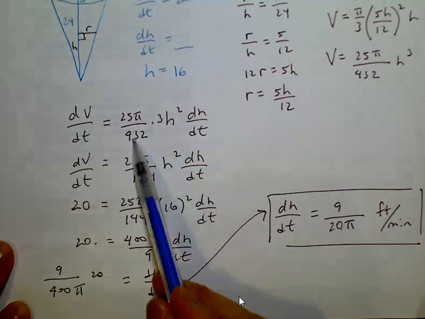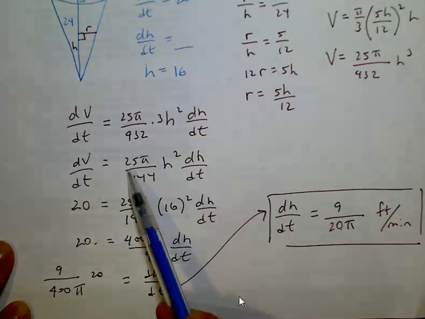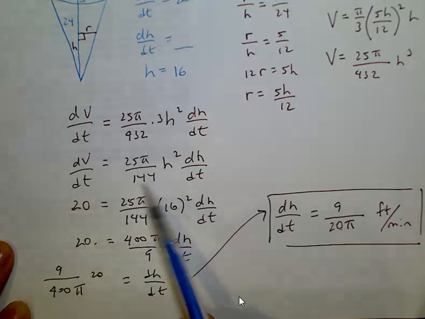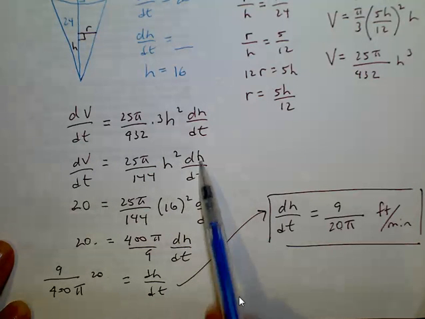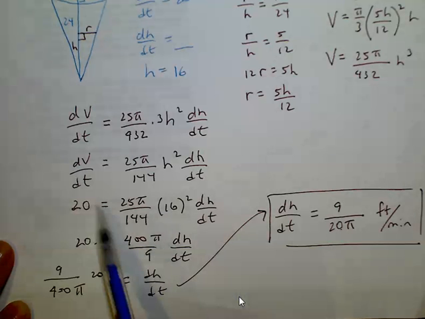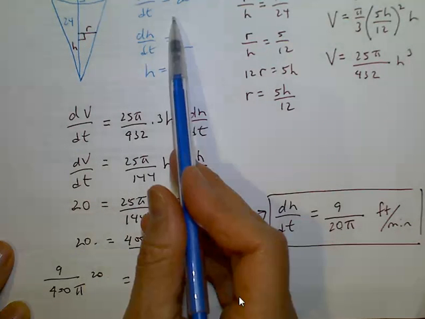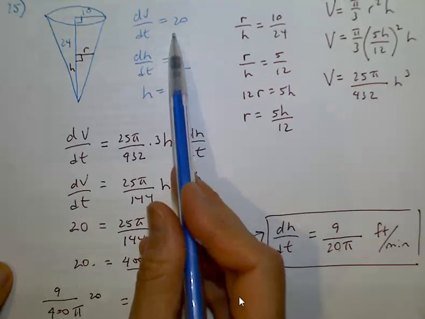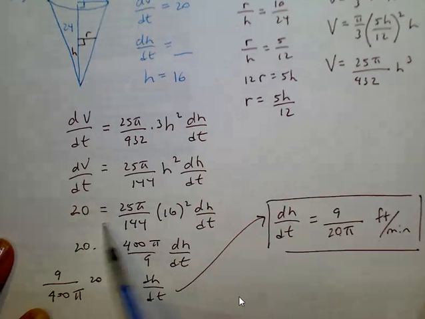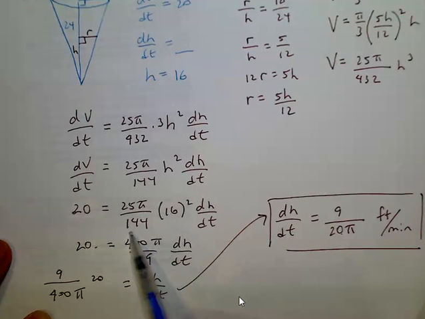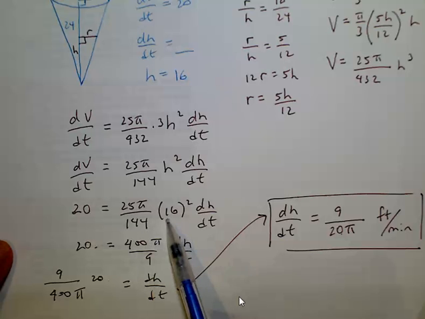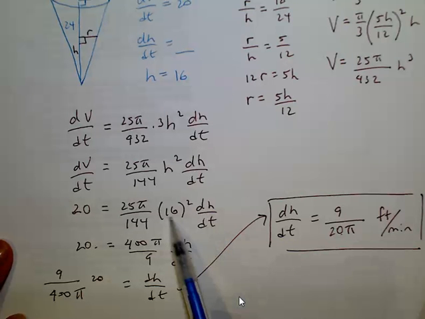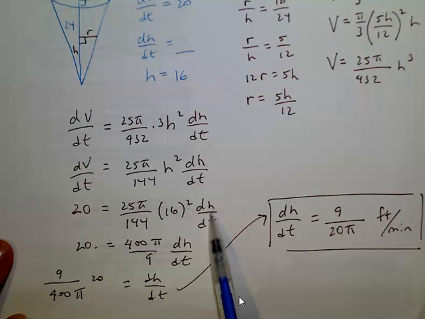Simplify the 3 and the 432, and it comes out as dV/dt is equal to 25 pi over 144 h squared dh/dt. Now I'll substitute in dV/dt, which is given as 20 from above, and that is equal to 25 pi over 144. They want to know when the height is 16, what is dh/dt? So 16 squared times dh/dt.